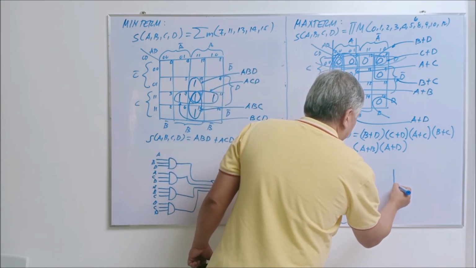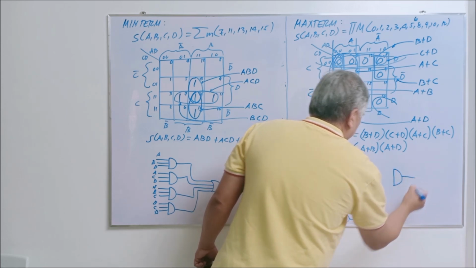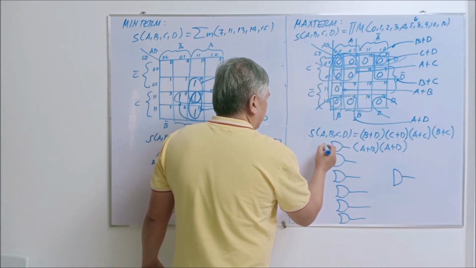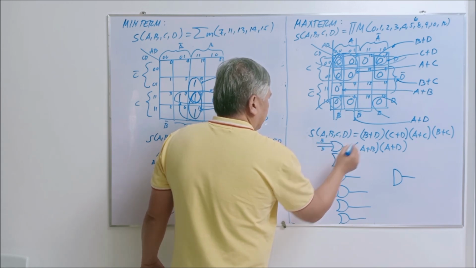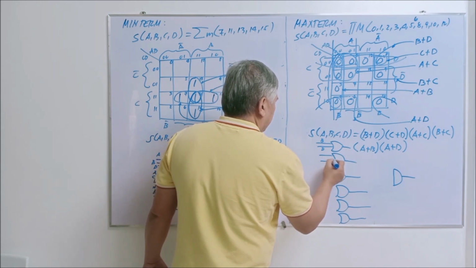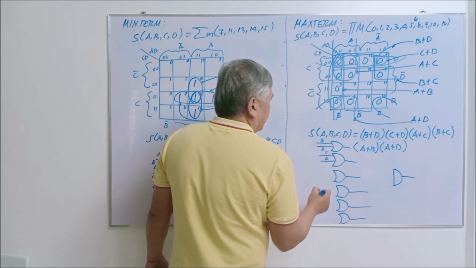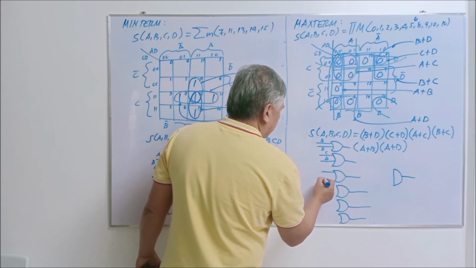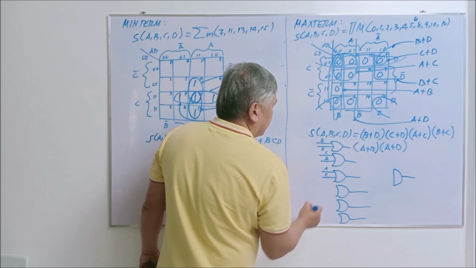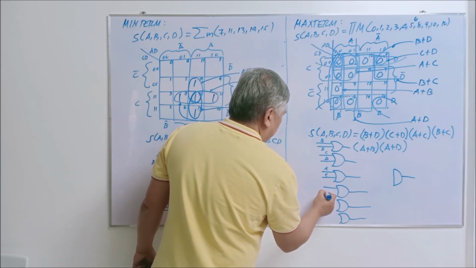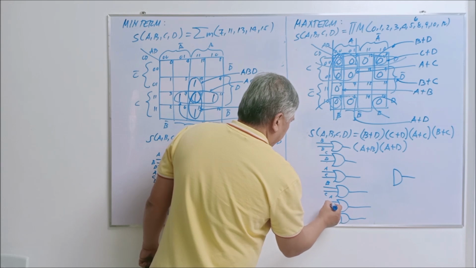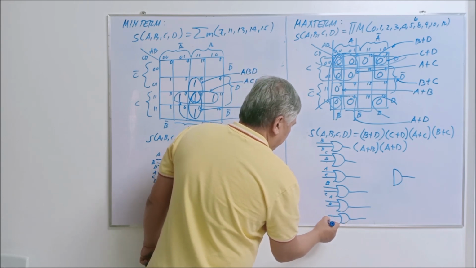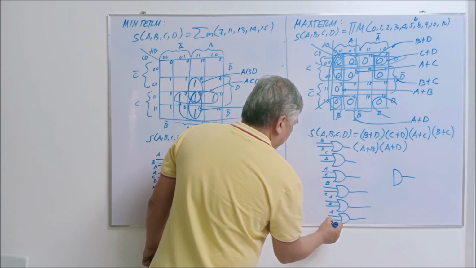And then they are being multiplied together. So we use AND gate. So we have B, D. Then you have C, D. Then A, C. Then B, C. Then A, B. Then A, D. Okay?